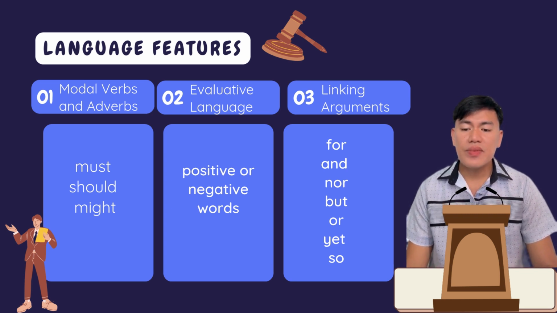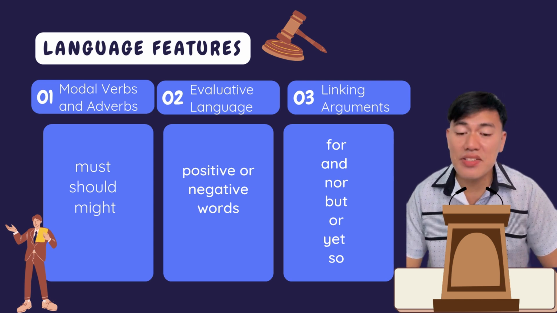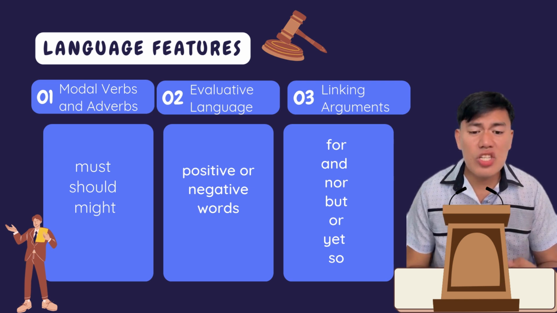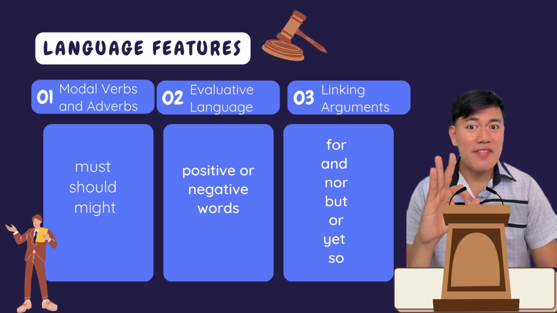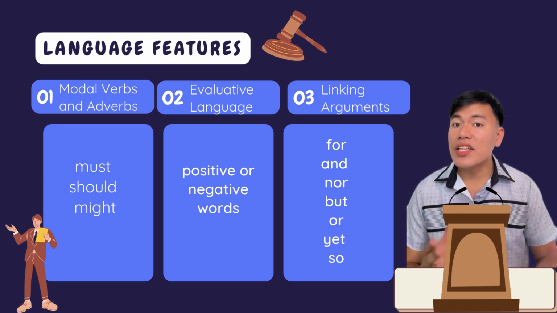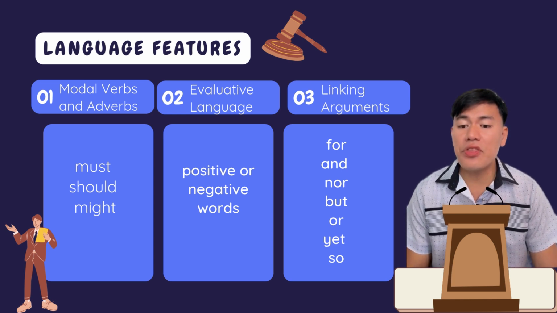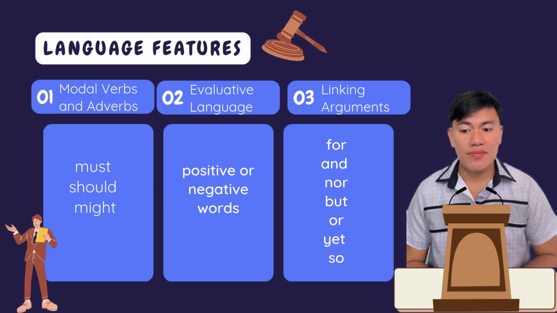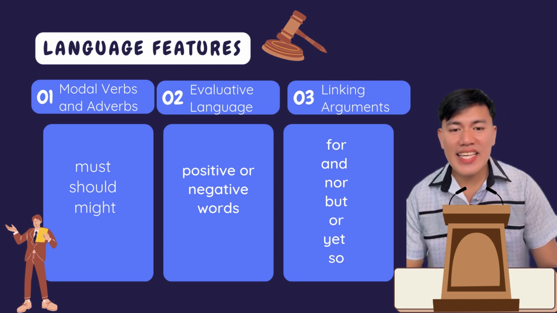Examples for this are important, significant, necessary for positive words, and for negative words such as inconclusive, questionable, and unimpressive. The third language feature is the linking arguments. Your piece of writing becomes effective through the use of these conjunctions, such as the FANBOYS: for, and, nor, but, or, yet, and so.